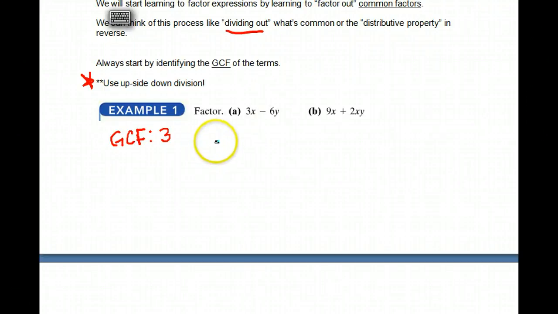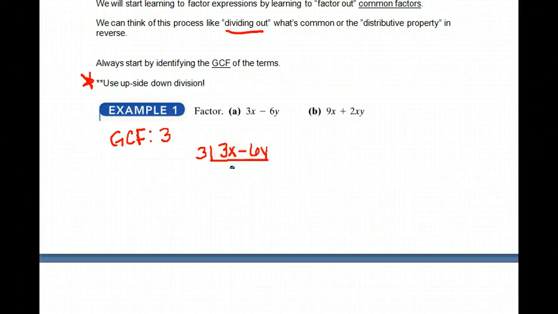Now, we are going to use, as I mentioned, what I call upside down division. So once you identify your GCF, you're going to go ahead and write it on the outside of an upside down division bracket. And then you're going to write your expression inside that upside down division bracket.